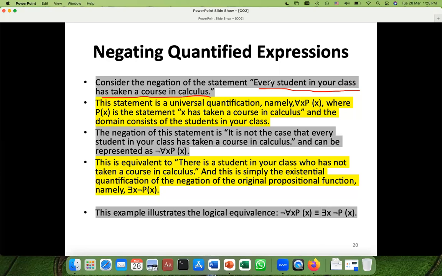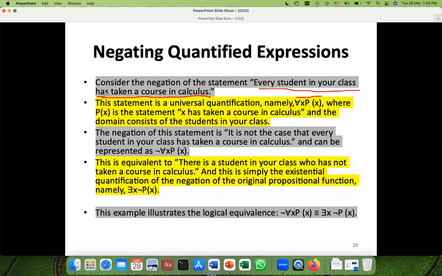So when you convert this sentence into propositional logic, the quantifier is universal. You can represent this statement like this: for every x, every student x in your class has taken a course in calculus. What is the predicate here? Taken a course. Yes, you can start from the verb, and the verb is has.